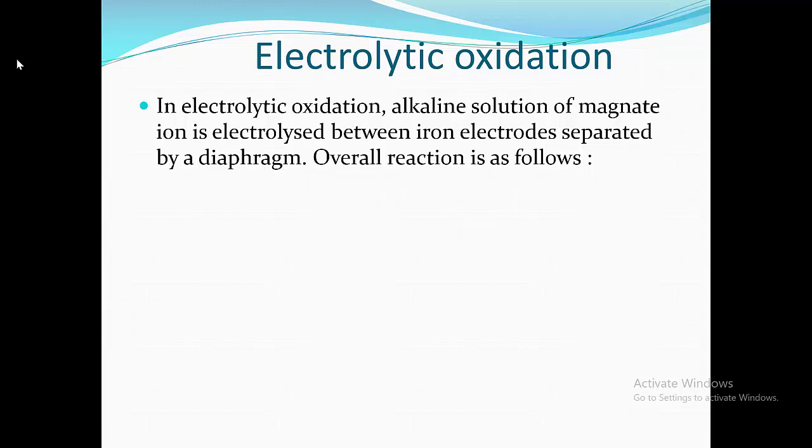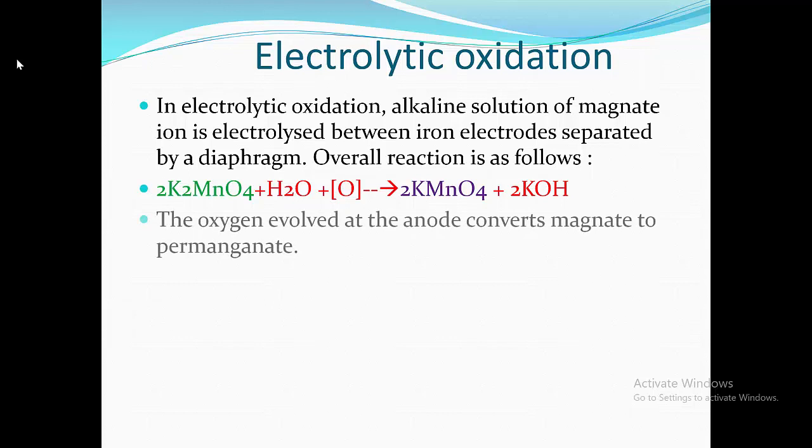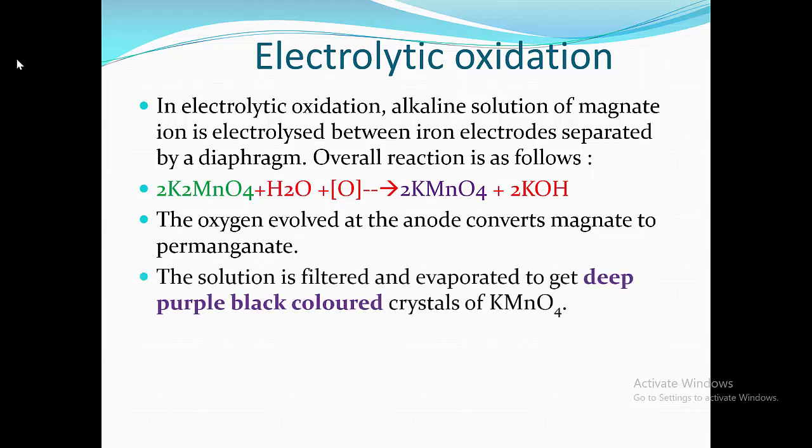Overall reaction is as follows: 2K2MnO4 + H2O + nascent oxygen atom gives 2KMnO4 + 2KOH. The oxygen evolved at the anode converts manganate to permanganate. The solution is filtered and evaporated to get deep purple-black colored crystals of KMnO4.